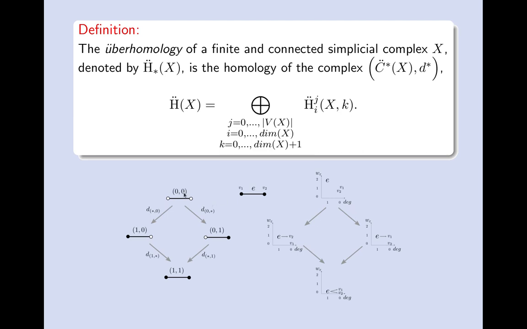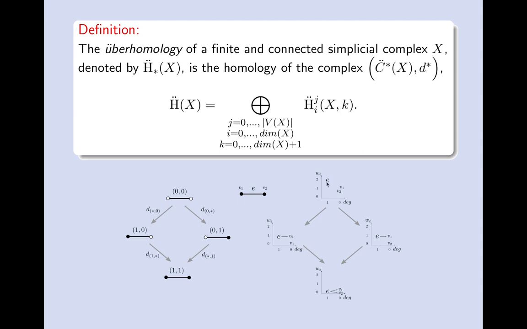So in the bi-coloring 0, 0, we will have just the simplicial chain complex for the one simplex put along this diagonal.